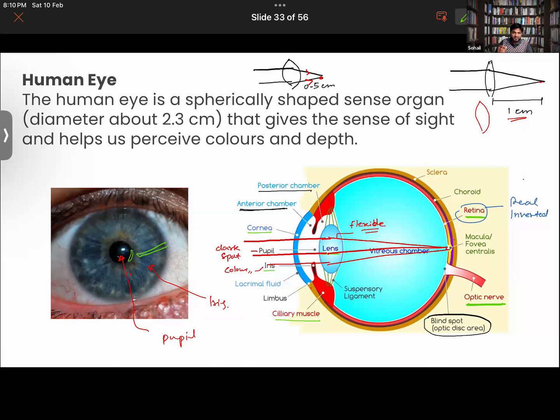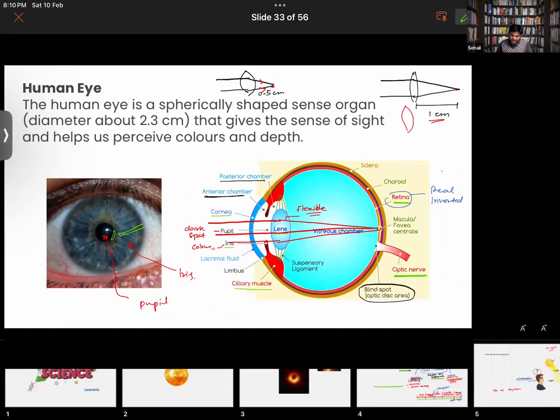They basically suck out that cloudy structure that has formed above the lens. They also cut it manually. The cloudy structure formed above the lens, they manually cut it, and piece by piece they suck it out via a vacuum. So that is cataract.